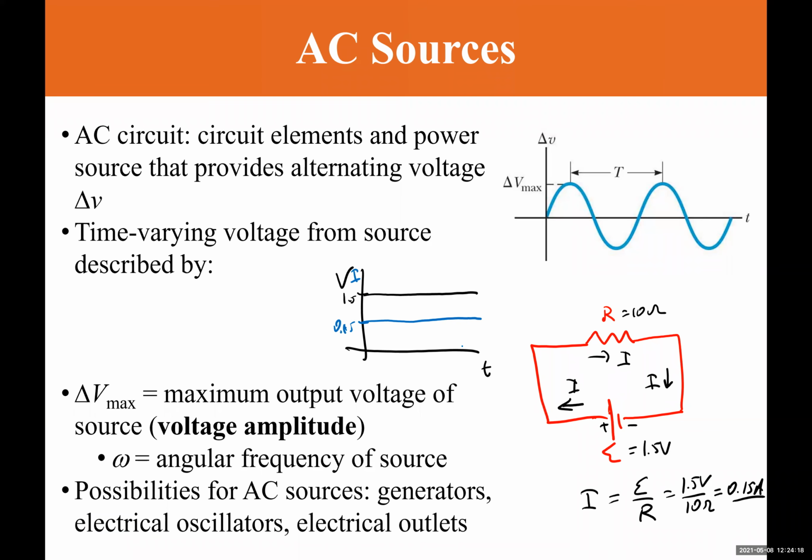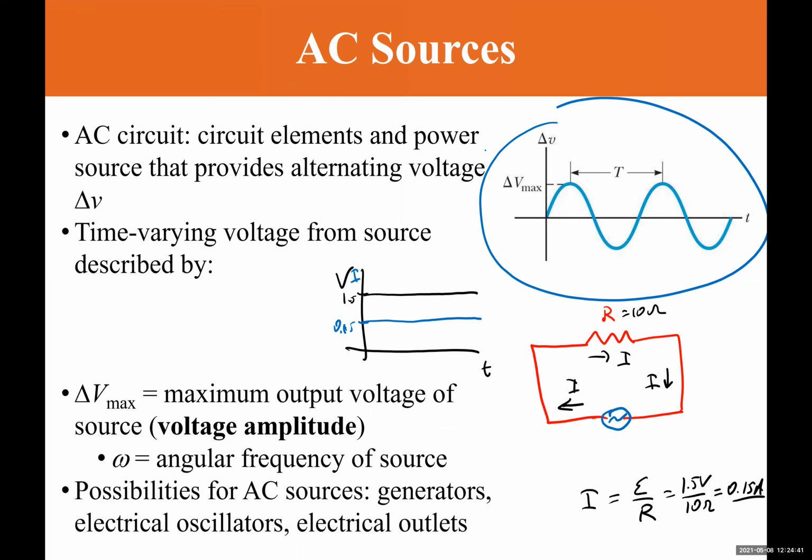If we are using AC circuits, the source is no longer a battery, but what we call a generator, generally represented like this. So it's a power generator, and it's different from the battery in a way that the voltage, as you can see in this diagram over here, is time dependent, and the shape of that is basically sinusoidal.